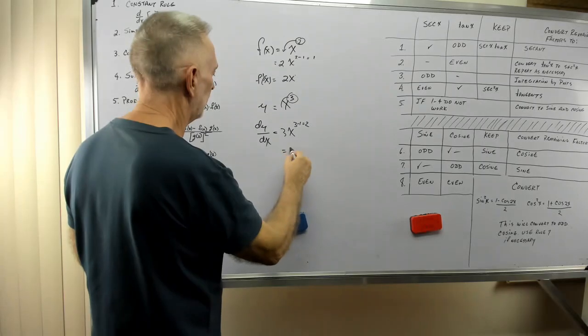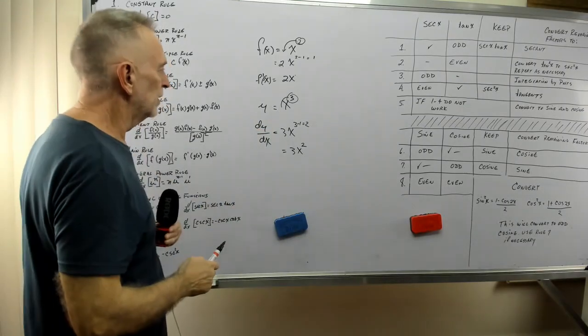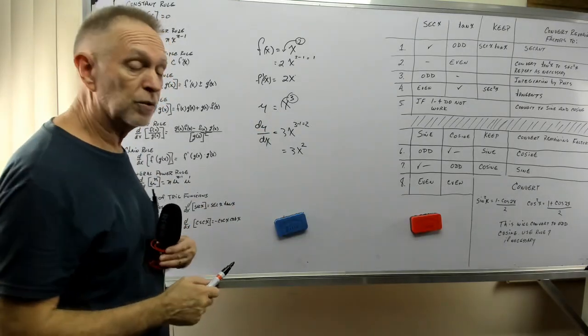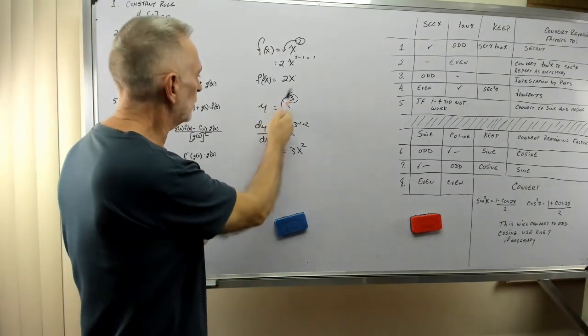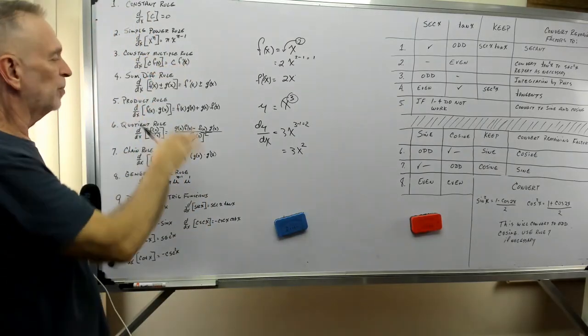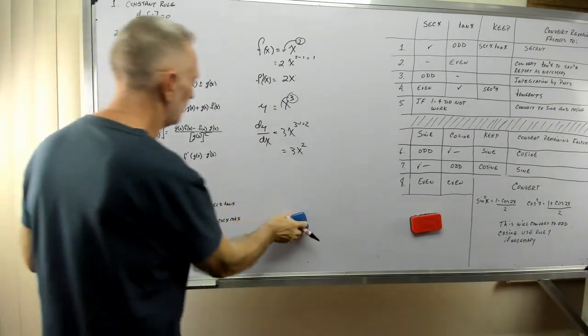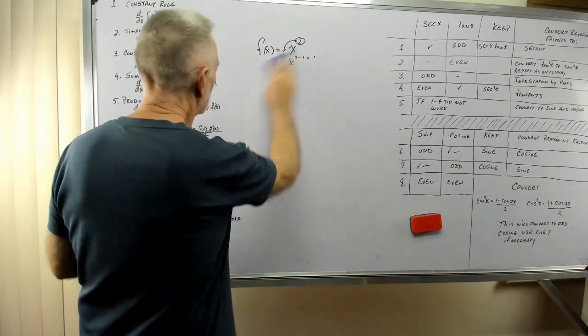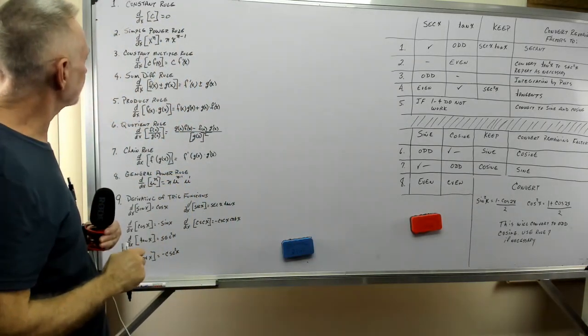So I would have 3x to the 3 minus 1, which is 2. So the derivative of x cubed is 3x squared. The rate of change of y equals x cubed is 3x squared. That is the simple power rule. You'll use that over and over and over again. Now we'll expand that to the general power rule just a little bit later.